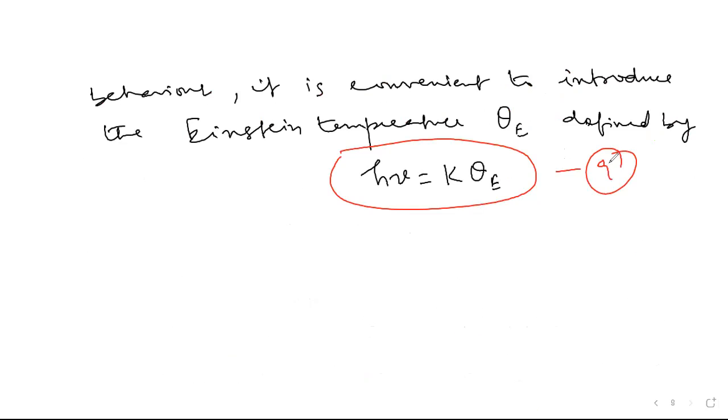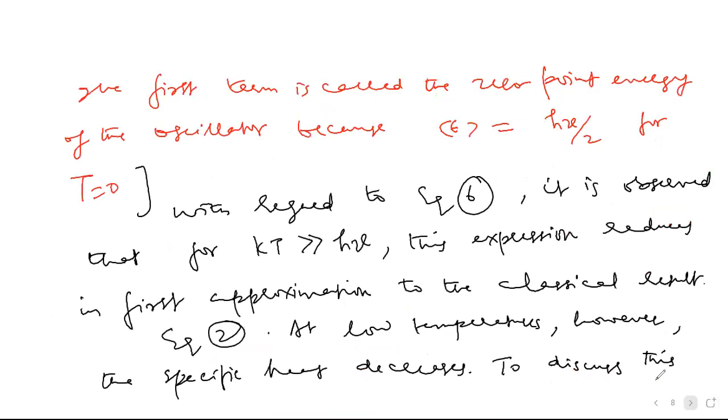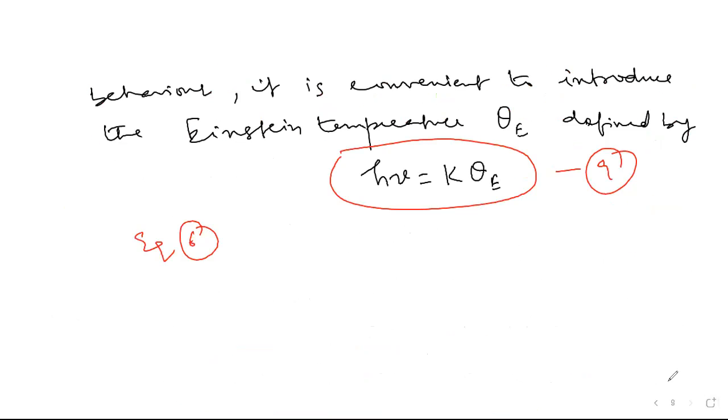Now, equation 6, that is our expression for heat capacity, CV, may then be written in the form.